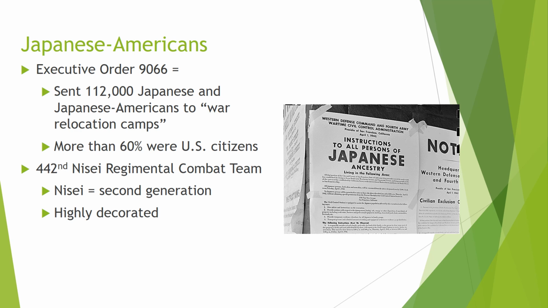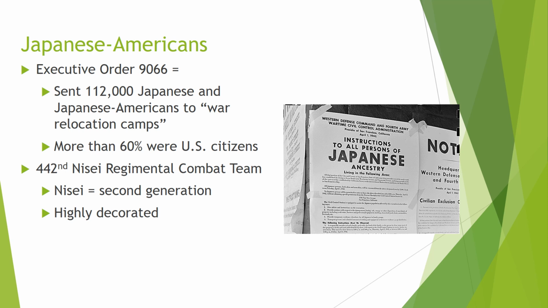Now, what's frustrating about this is that more than 60% of these individuals are U.S. citizens. So yes, the United States government is rounding up U.S. citizens and placing them in prison camps. And these people are forced to get rid of their property, of their possessions. Many people relocated to these camps with just the clothes that they had.